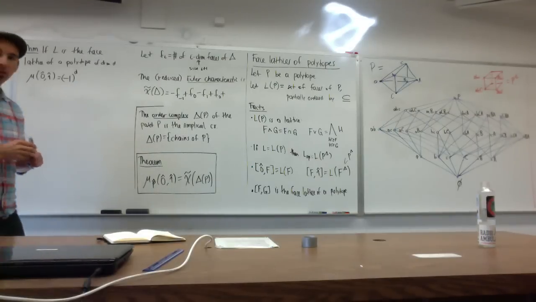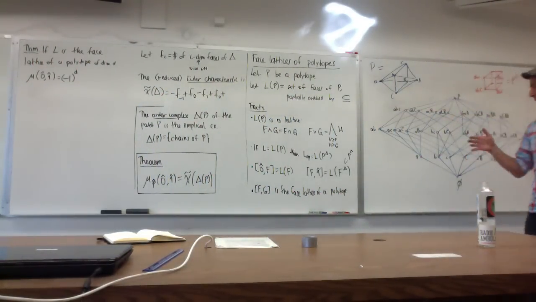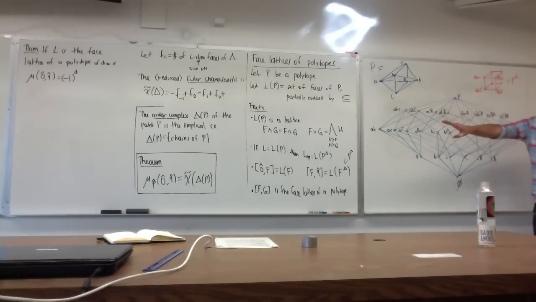So what am I saying? What I'm saying is that if you wanted to compute the Mobius function of this poset, let's say just the Mobius function 0, comma something. You start with 1, then here we always get -1s. Then here we just get 1s. Here we just get -1s, 1s. Whenever it's a face lattice of a polytope, it's 1, -1, 1, -1, 1, -1. Okay.